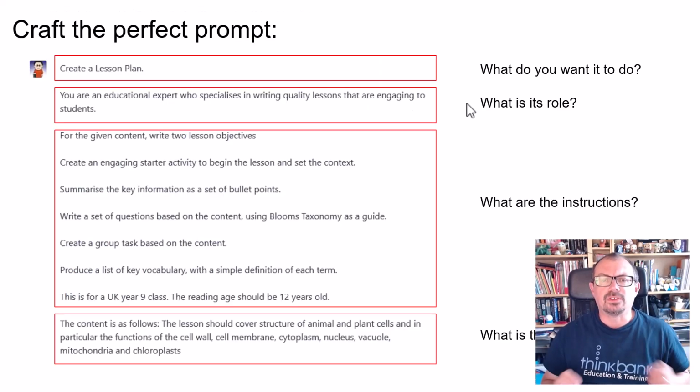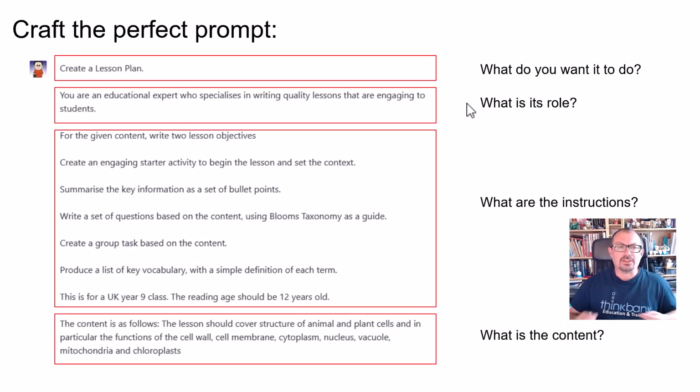So if you're looking to use ChatGPT, here's how you create your prompt. So I've told it what to do. I want you to create a lesson plan. Tell it what its role is. So you are an educational expert. You're brilliant in writing quality lessons that are engaging to students. And then I want you to have these instructions. So I want 2 lesson objectives. I want an engaging style or activity to begin and end to set the context. I want to summarise the key information. I want a set of questions with Bloom's taxonomy to help you.